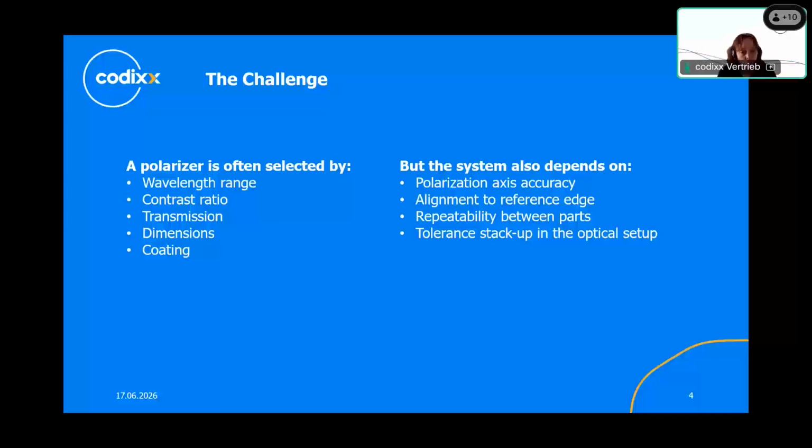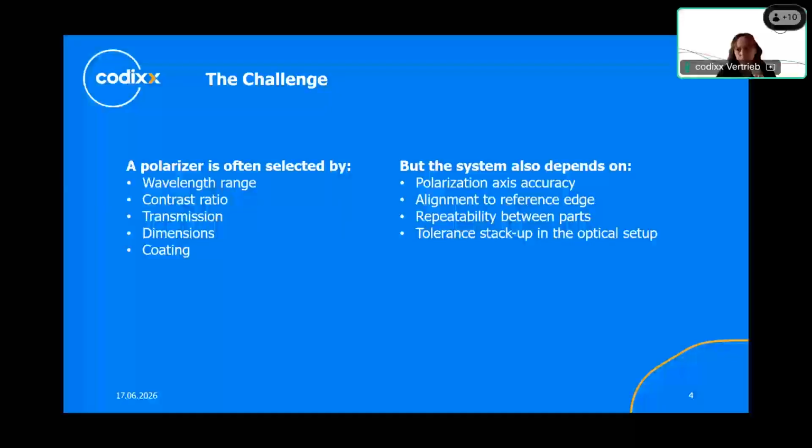So it's always good for the whole system to also think of the polarization axis accuracy and the alignment to the reference edge, repeatability between parts, because tolerances can stack up in your optical path. So the main challenge, accuracy, is a small specification, but it can have a large impact on your system.